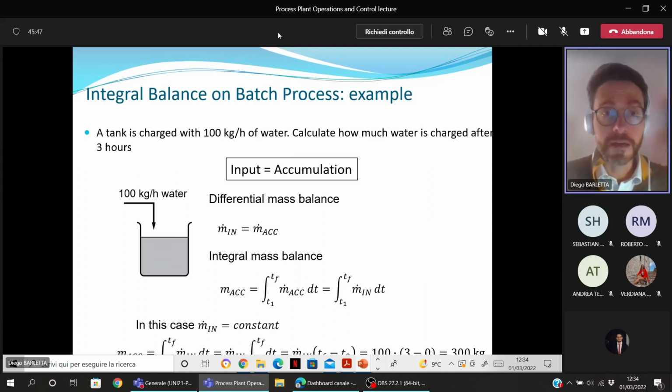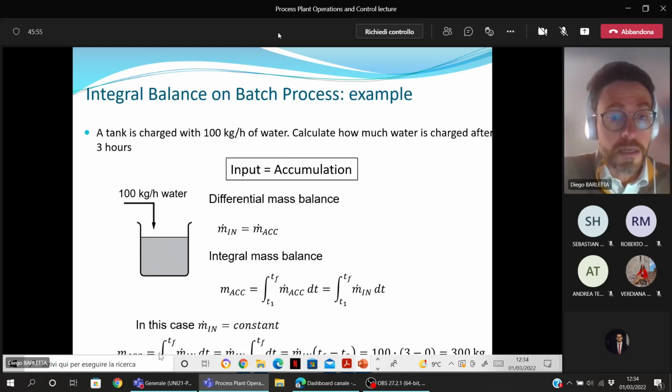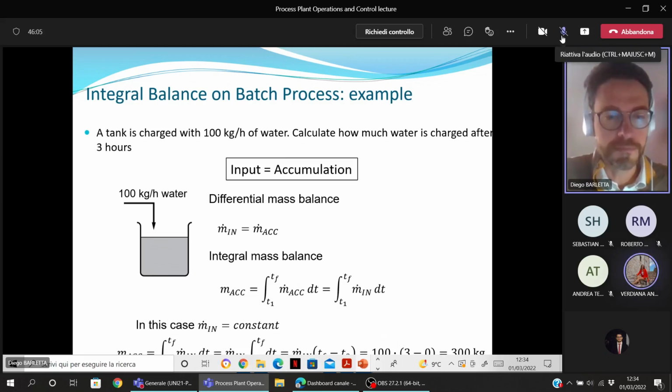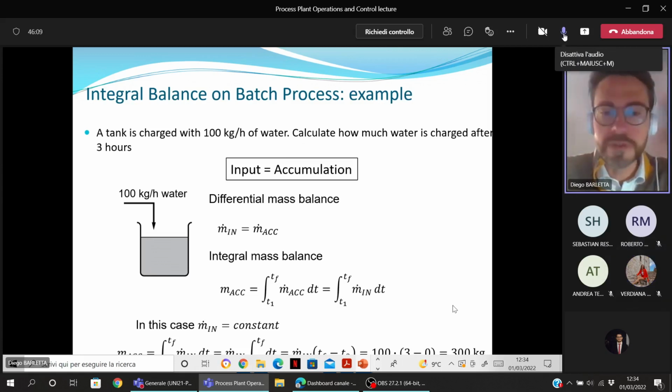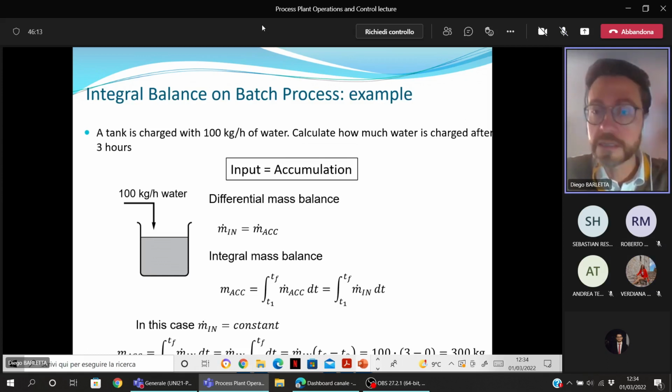The integral balance. I just want to ask you one thing, because on my computer I don't see the entire slide, because the lower bar is overlapped with the slide. Do you see it the same way, or is it just a matter of my computer? Okay, I'm sorry for that. Let's see how.